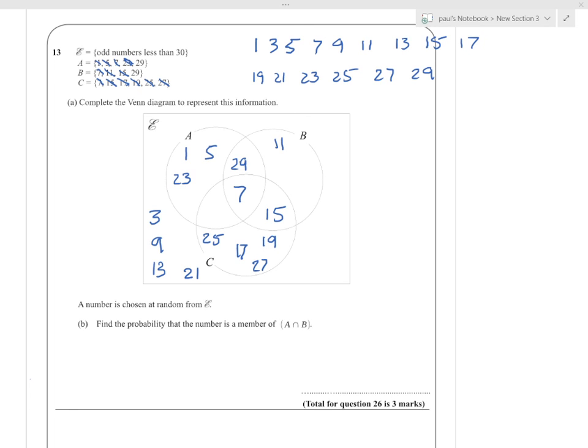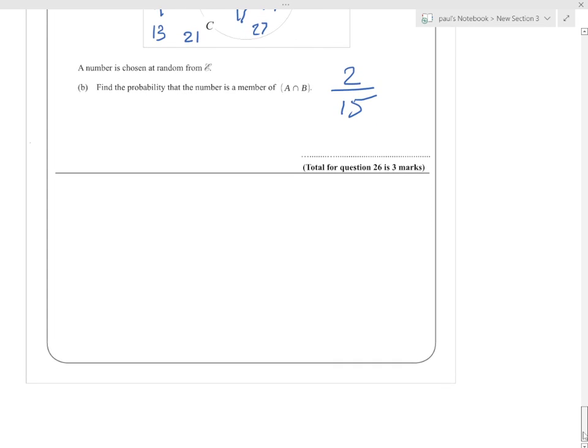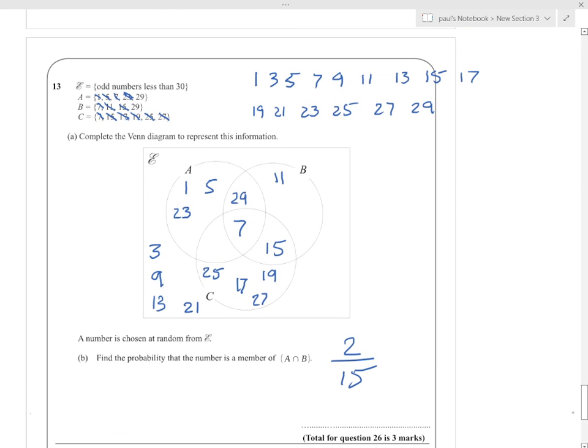It's and. It's got to be in A and B. So the A and B is this bit in the middle. So there's 29 and the number 7. So there's 2 of them that are just in A and B from everything. So 1, 2, 3, 4, 5, 6, 7, 8, 9, 10, 11, 12, 13, 14, 15 numbers. 15 numbers. Right. Okay, that's that.